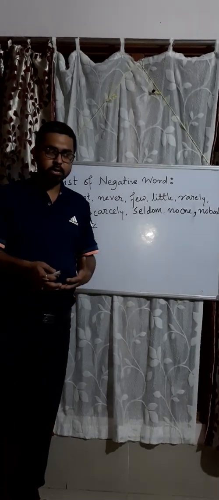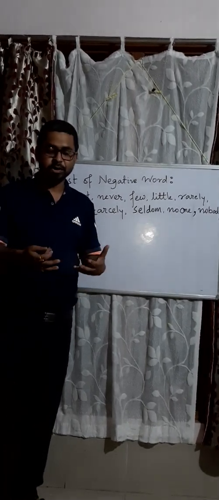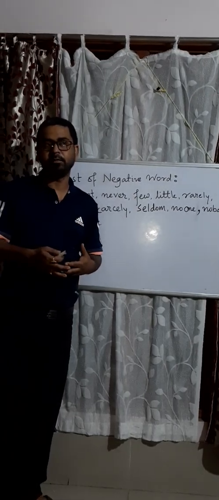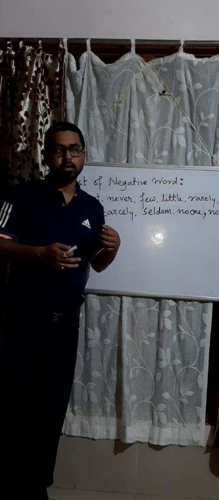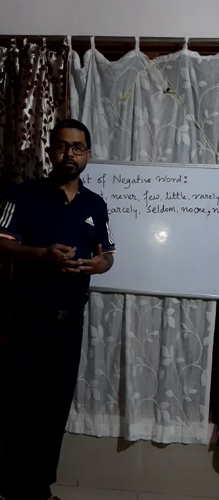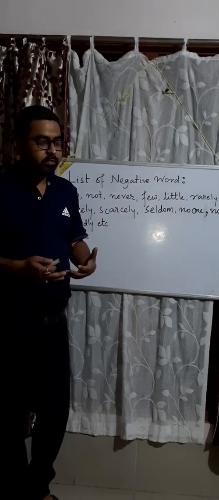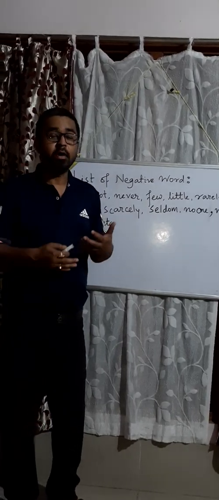Like I mentioned in the basic rules of question tag, if the statement is positive, then our tag will be negative, and if our statement is negative, then our tag will be positive. Now, how do we identify whether the statement is positive or negative?